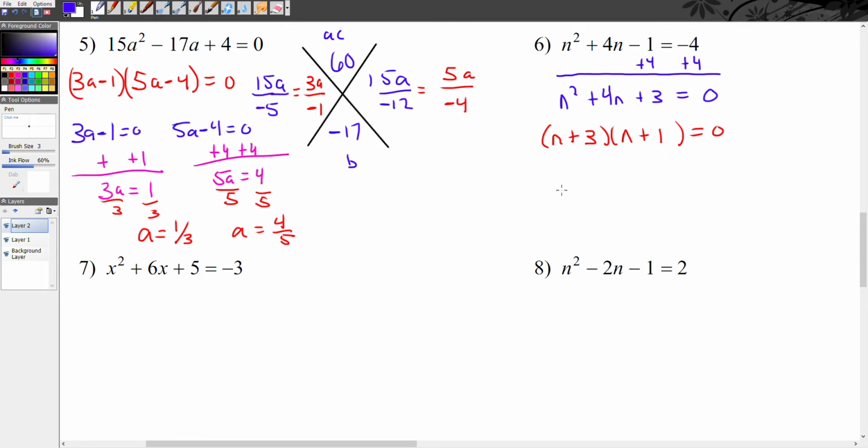I set each one of these separately equal to 0. Then I'm going to subtract 3 from both sides, and I get n equals negative 3. Over here, I'm going to subtract 1 from both sides, and I get n equals negative 1.